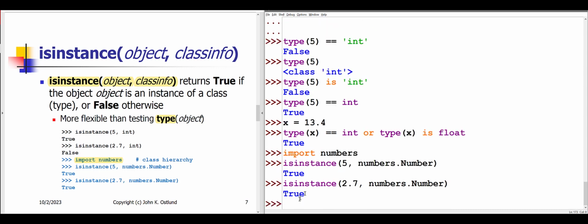Okay, so isinstance is more flexible than doing direct one-to-one comparisons of data types, but of course you'll have to read the documentation to familiarize yourself with the type hierarchy that isinstance supports.